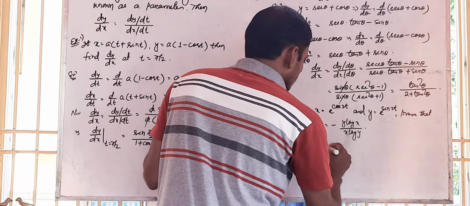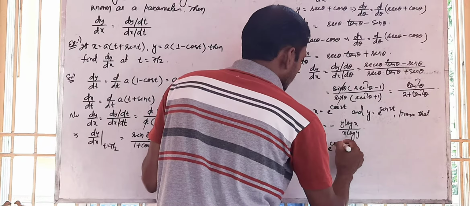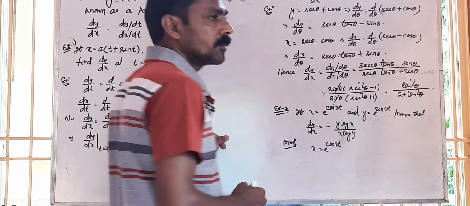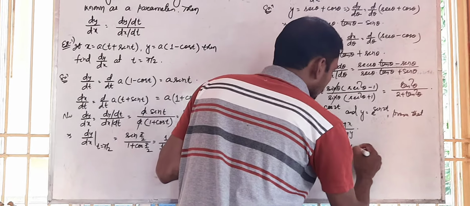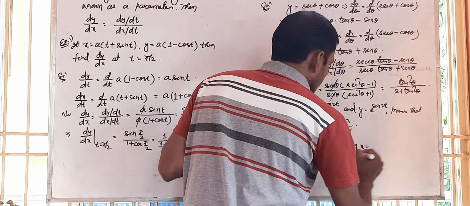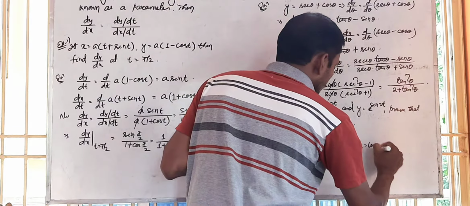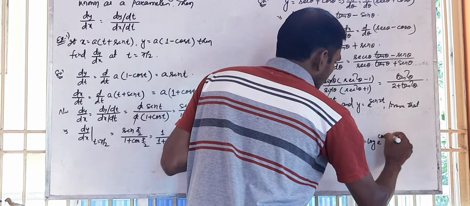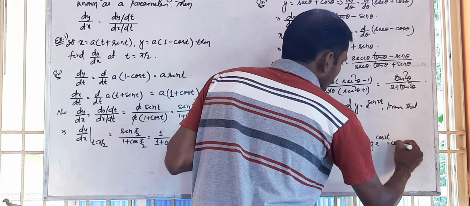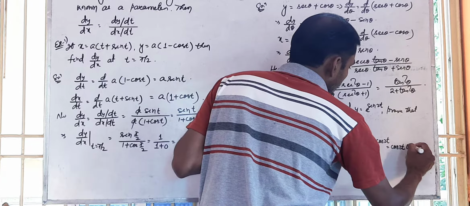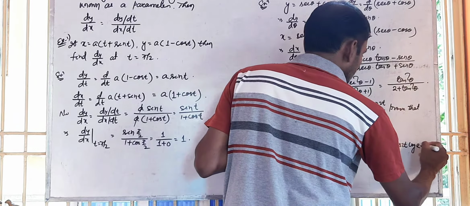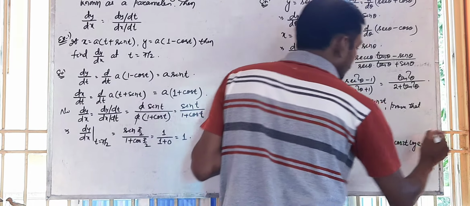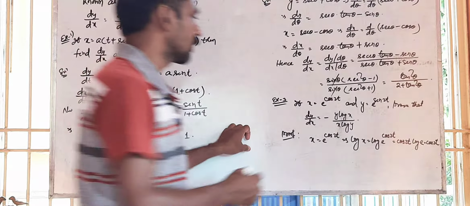Their proof is like this. x equal to e to the power cos 2t is in exponential form. So let us take log on both sides. So log x will be log e to the power cos 2t, that is cos 2t log e, which is the same as cos 2t because log e equal to 1.